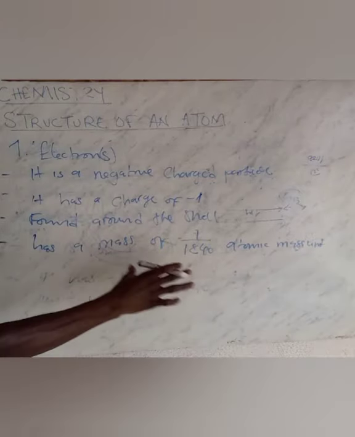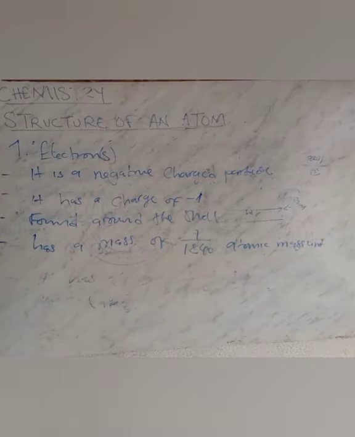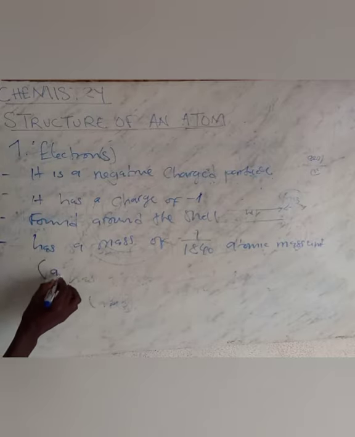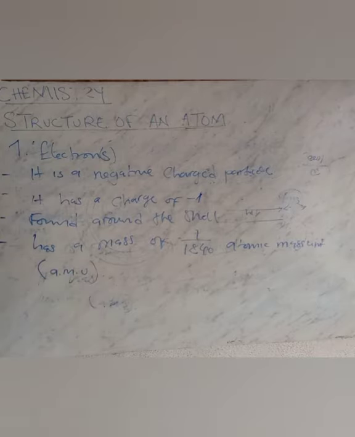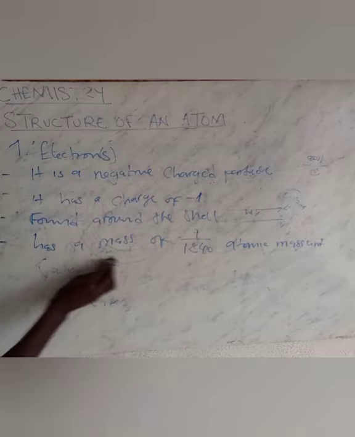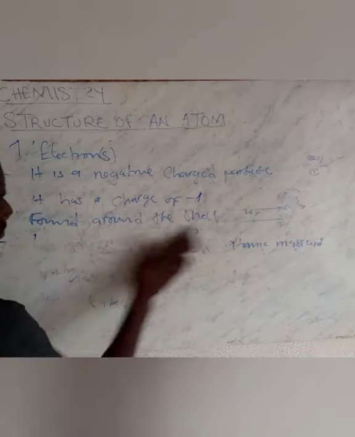So this will be the mass of an electron. Now, this is basically the information that we need to understand. The atomic mass unit is sometimes abbreviated as amu in small letters.